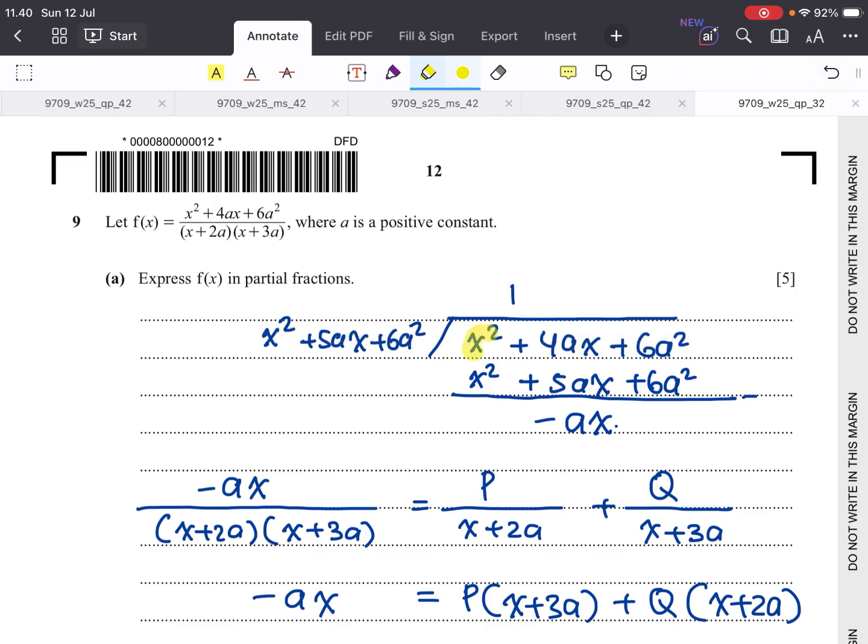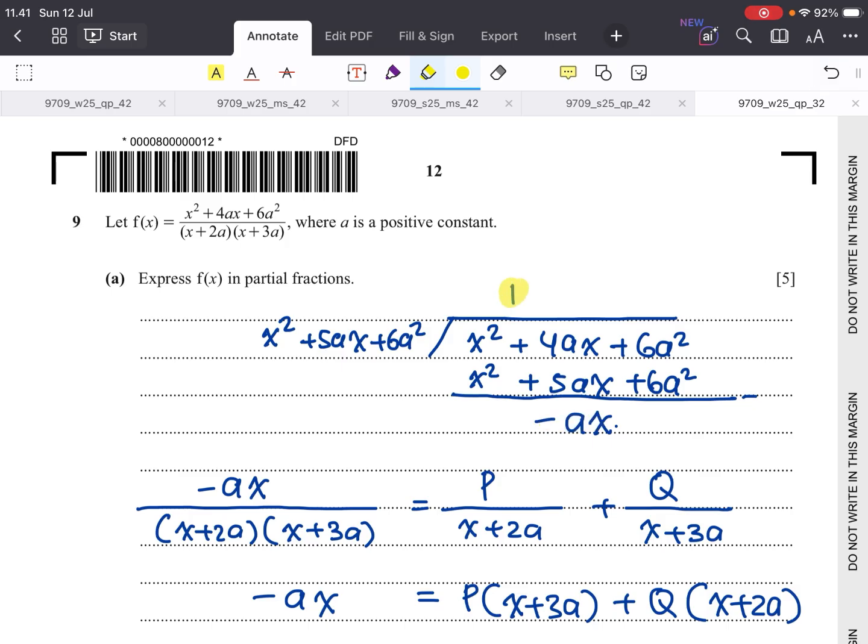So in order to eliminate the x squared, we multiply the divisor by 1, so it remains the same. X squared plus 5ax plus 6a squared. And then we subtract both expressions, we can eliminate the x squared, and also at the same time we eliminate the 6a squared. So the result of the subtraction is minus ax.